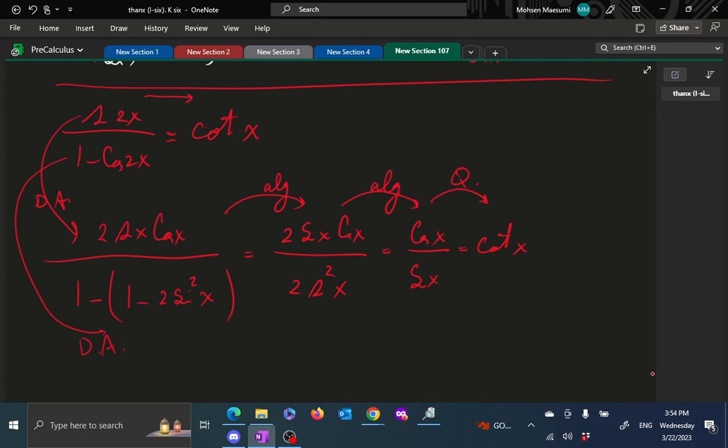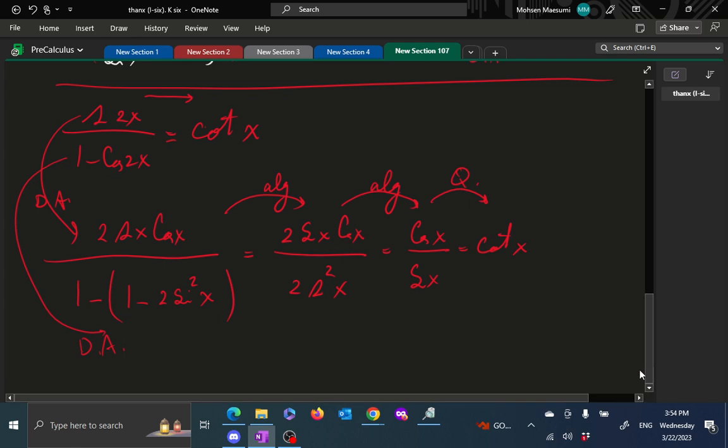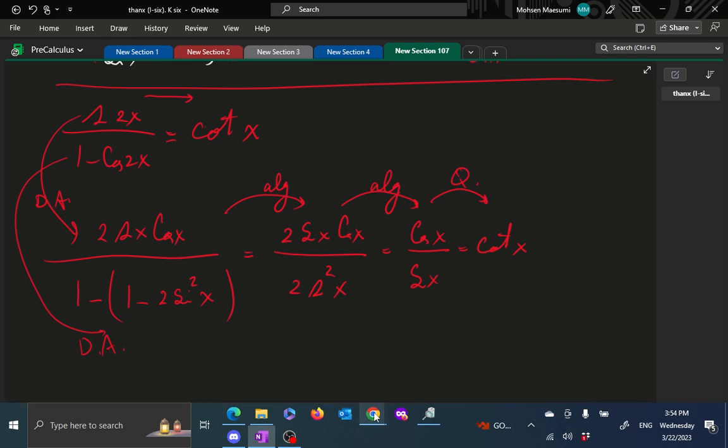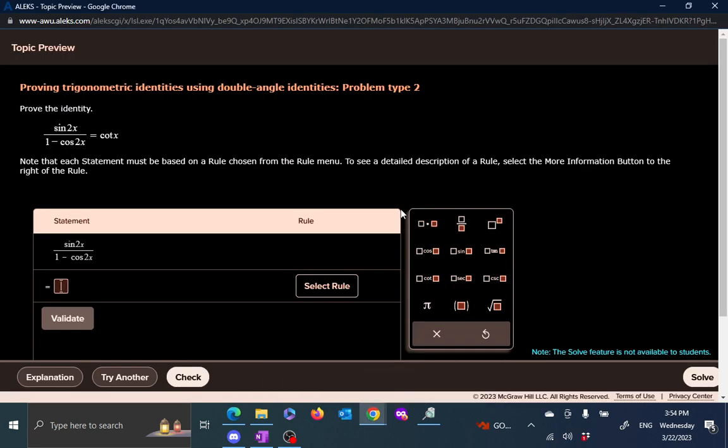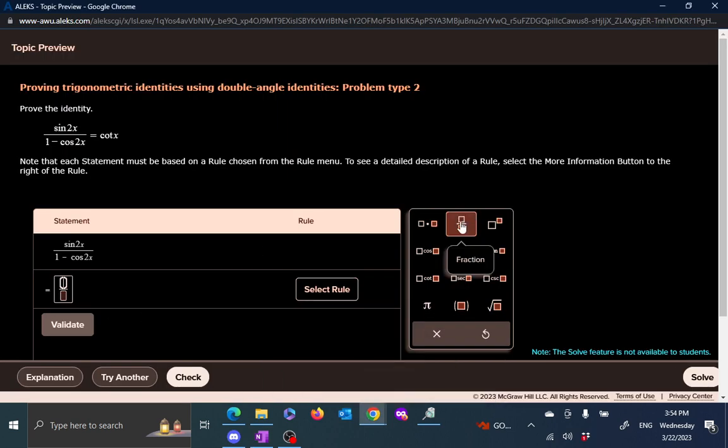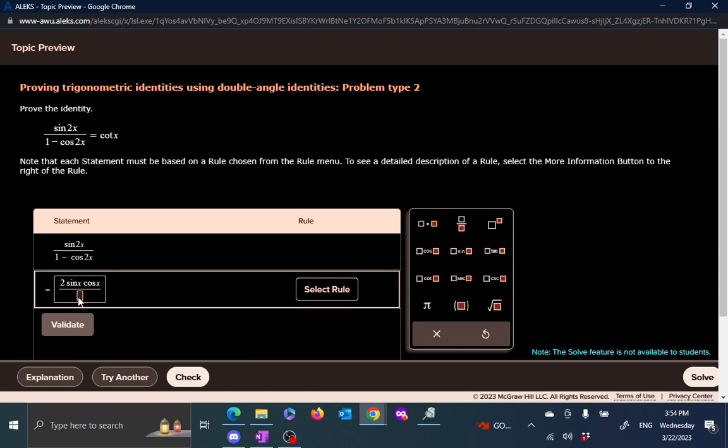Okay, let's see if this works out. So I have the fraction 2 sine x cosine x. Now let me tempt fate and do both of these at the same time.